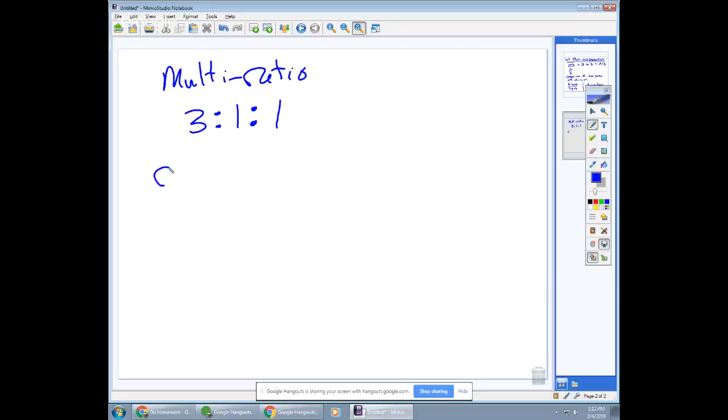And this could be the ratio of flour to water to oil in my pizza dough recipe. And they don't have to be the same unit, because this would be cups of flour, this would be cups of water, or maybe this is tablespoons of oil.